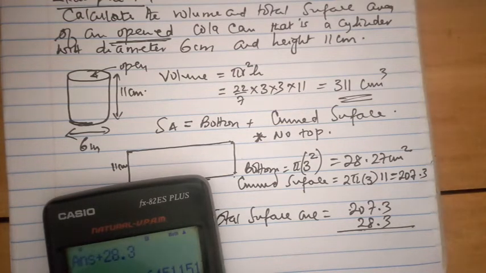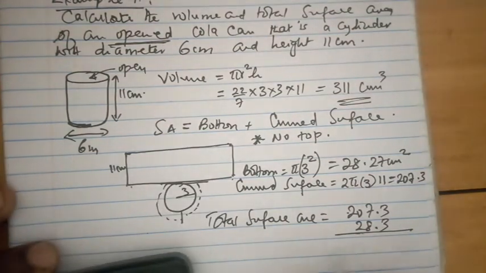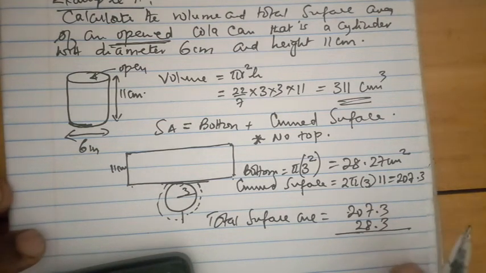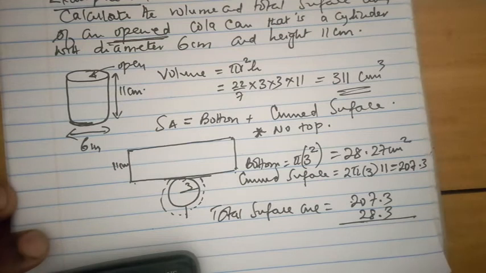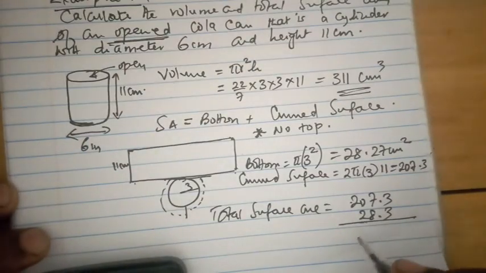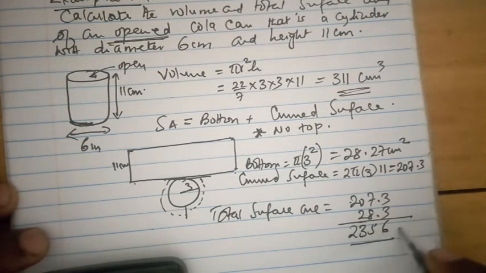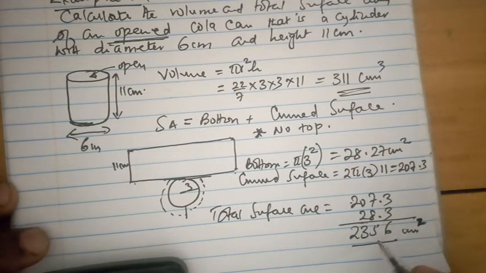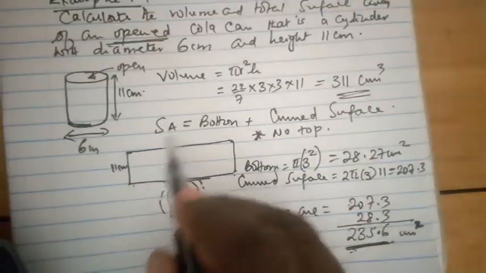Remember, it is open, because example 11 talks about an opened collar bottle, so we are going to have 235.6 centimeter squared.